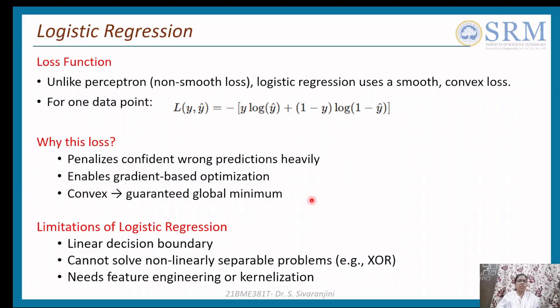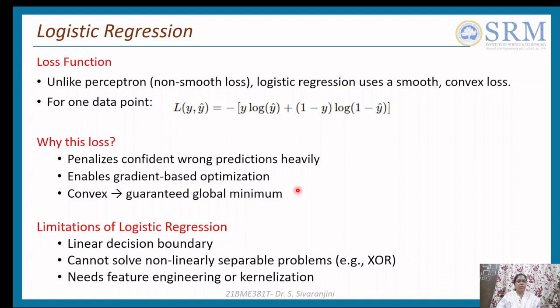Unlike the step loss function used in the perceptron, this loss is convex, which guarantees a global minimum, with no risk of getting stuck in local minima during training, since the loss surface has exactly one lowest point.